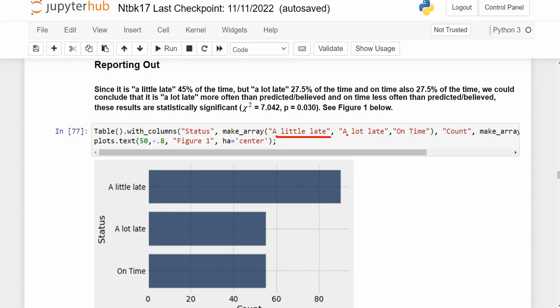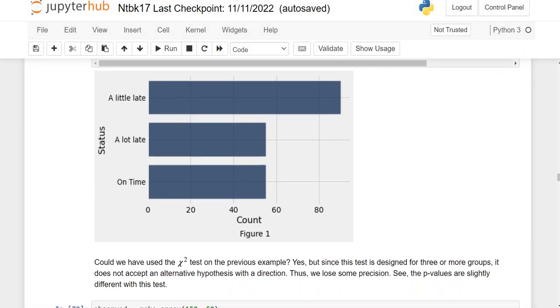Is it a little bit late, a lot late? And it turns out that it's far too often a lot late, and it's not on time enough. So this one's okay, but these two were a mess. And anyway, all three of them turned out to be wrong. Together, the model was in fact incorrect.